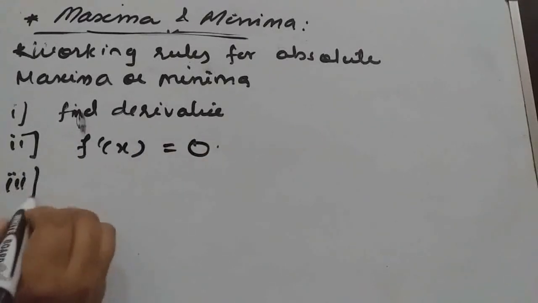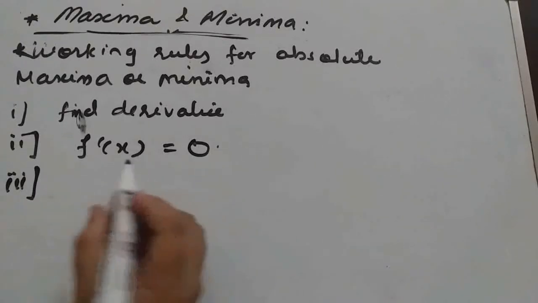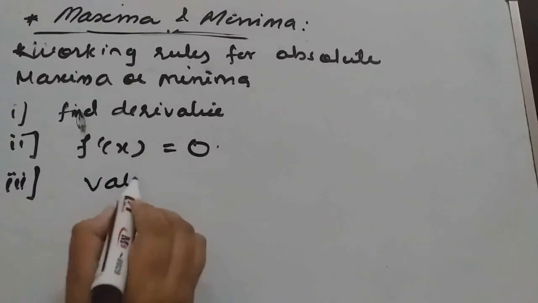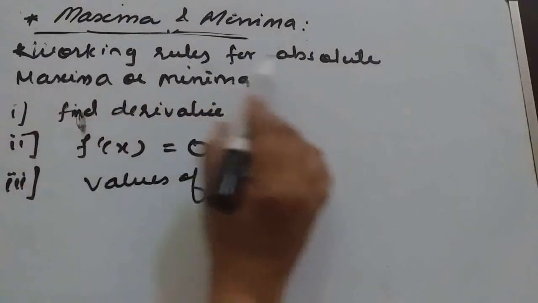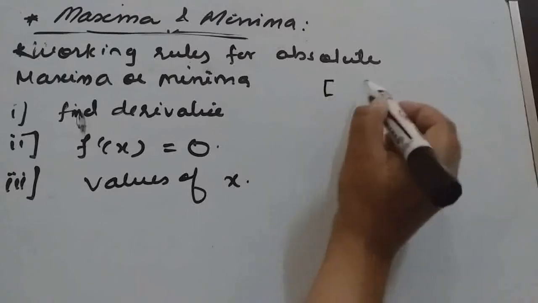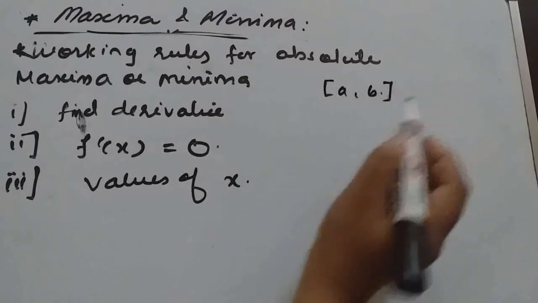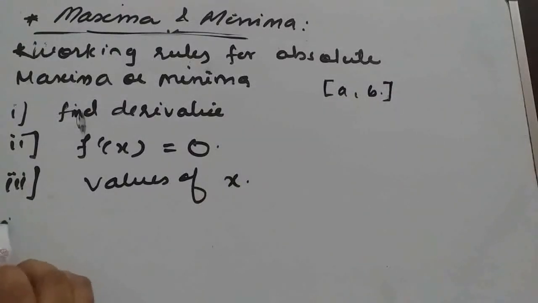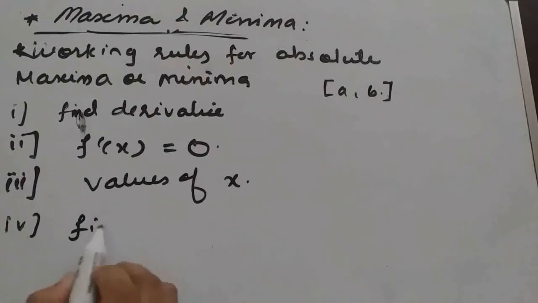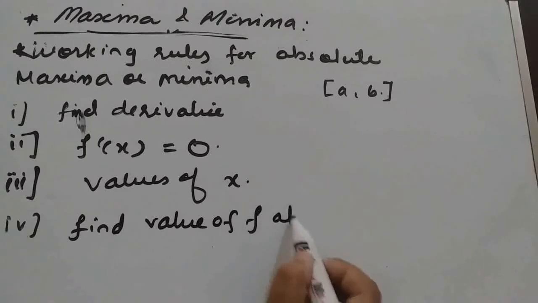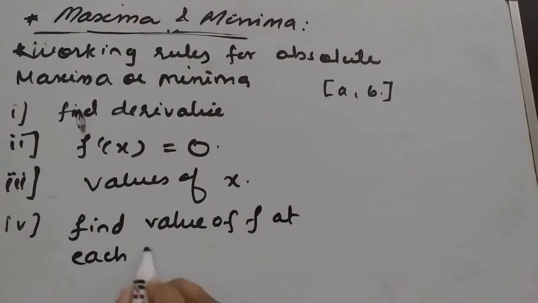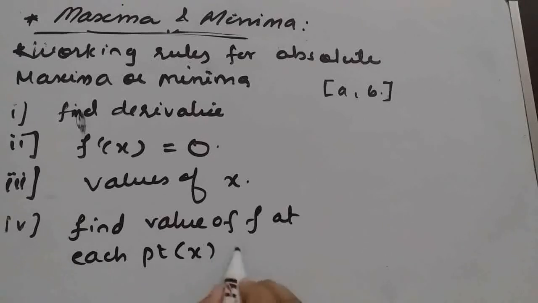Then values of x you will get, all critical values we can say. Now absolute maximum or minimum means a closed interval will be given, suppose a and b. So fourth step, find value of f at each critical point x, and at end points of interval also.